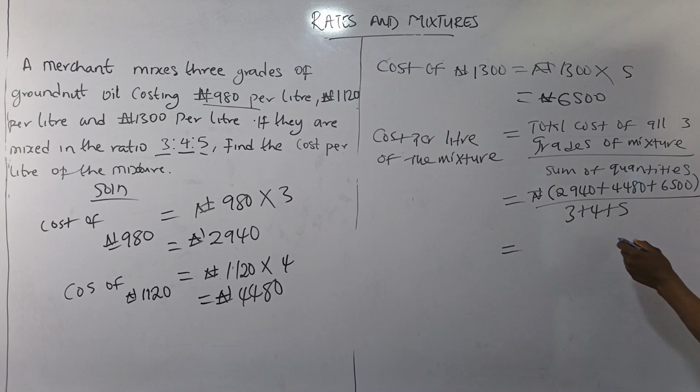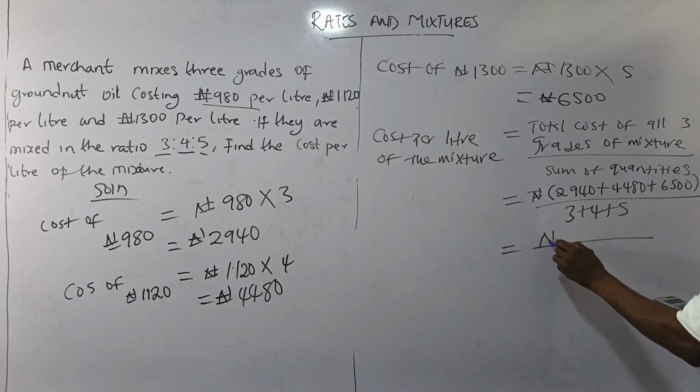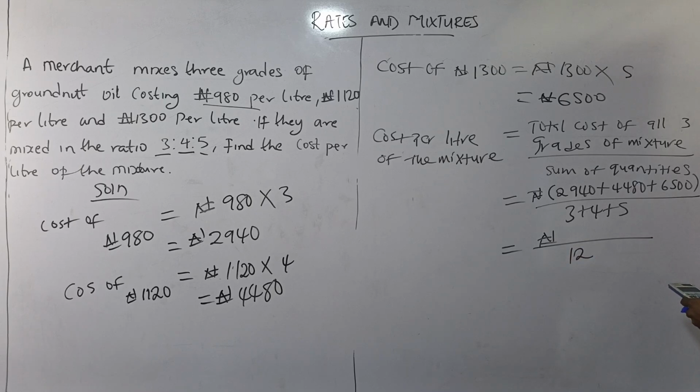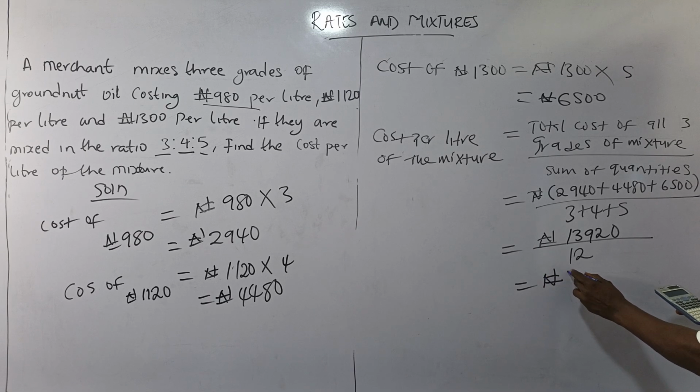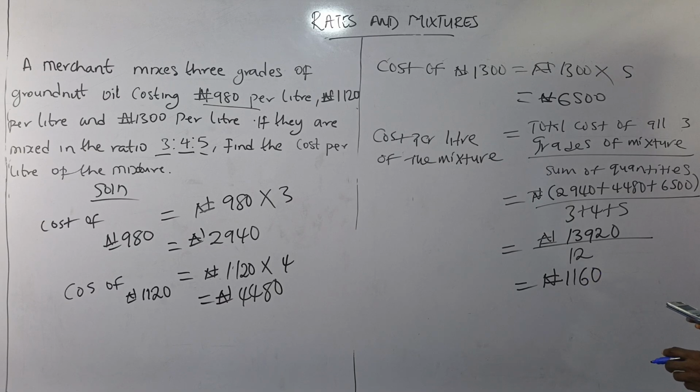And this at the bottom will give me 12. And if I sum all this, I'll have 6,500 plus 4,480 plus 2,940 to give me 13,920. And if I divide by 12, I will have 1,160 naira.